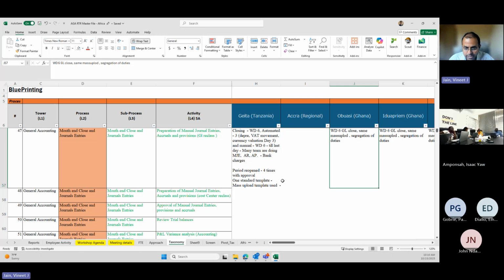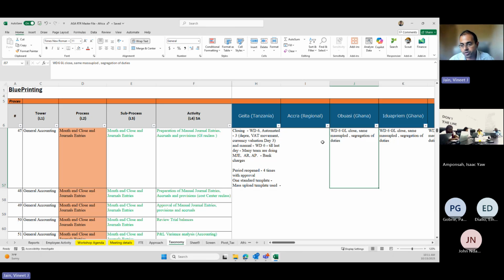So I understood the basic things. The same mass upload and segregation of duties is there on all the sites. No site closes the books. The closing authority is with the corporate. They just process the journals. If the period is open, they keep on processing, and when the period is closed, they cannot do anything.